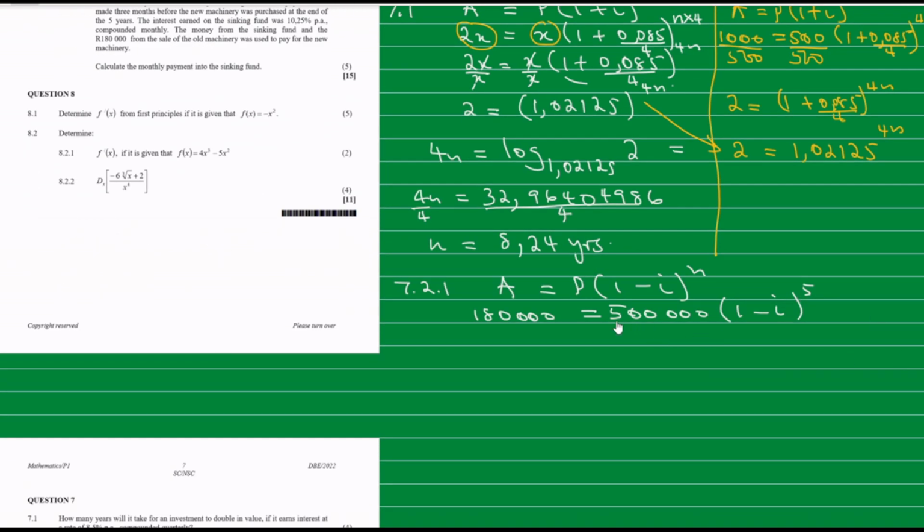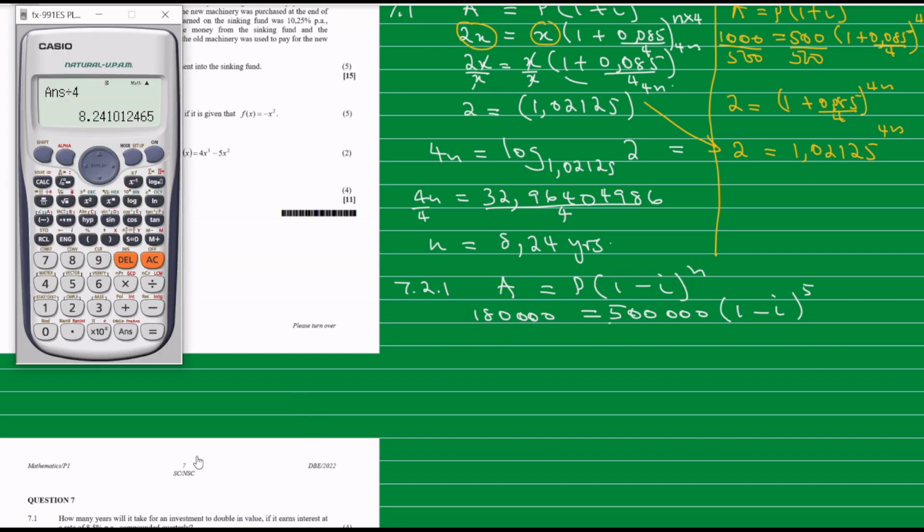So when we divide by 500,000, we'll get here 180,000 divided by 500,000. We'll get 9/25. Let's put it in a decimal. That is 0.36.